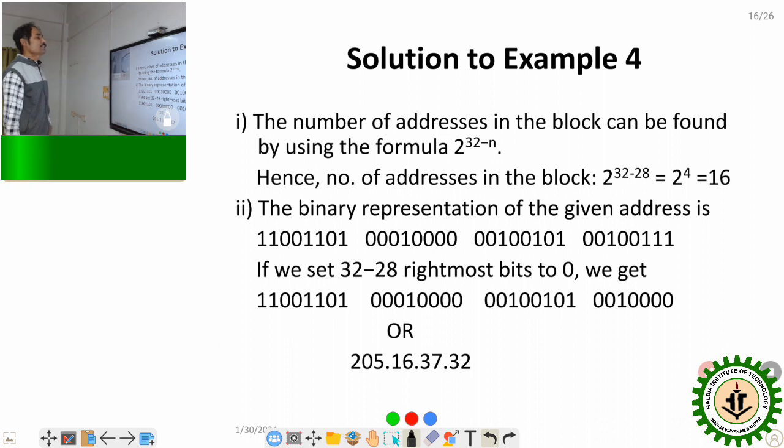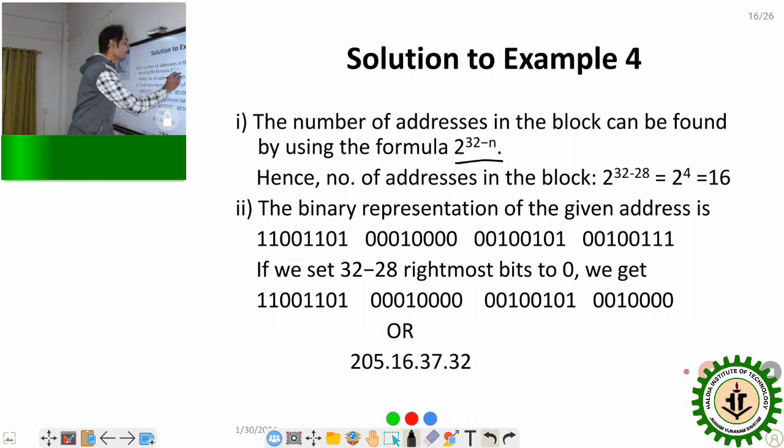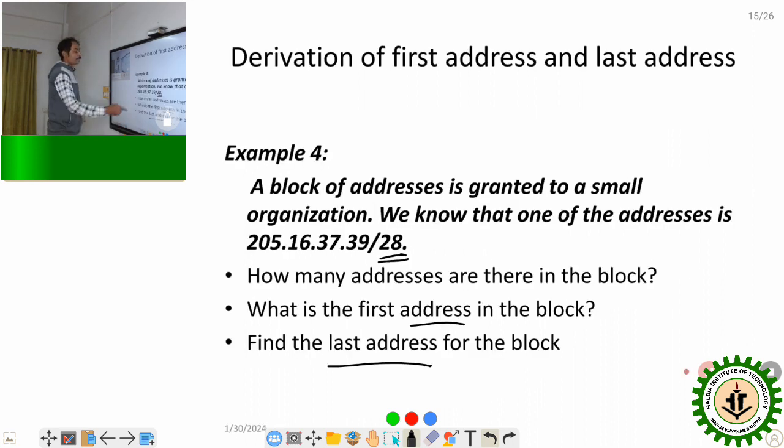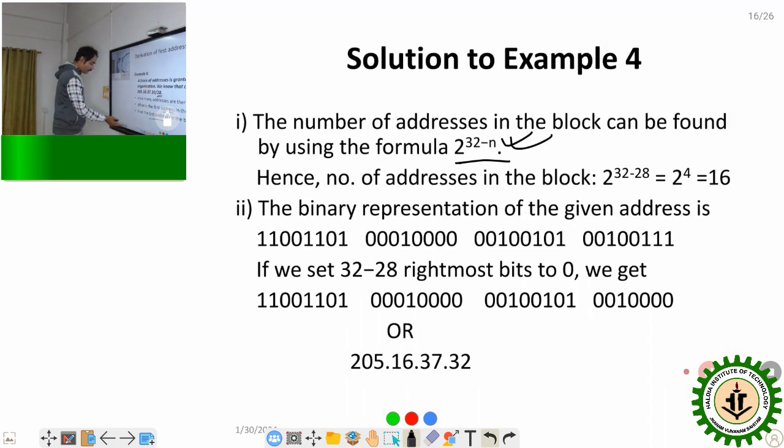The number of addresses in the block can be found by using the formula 2 to the power 32 minus n. And what is n? It is known to us. Going to the previous slide, here the mask is /28, so definitely the n value is 28.